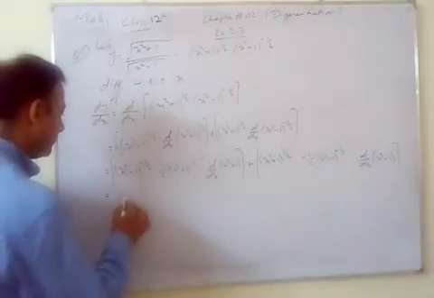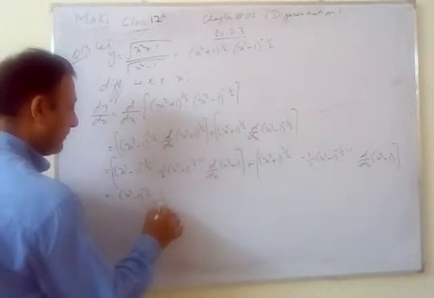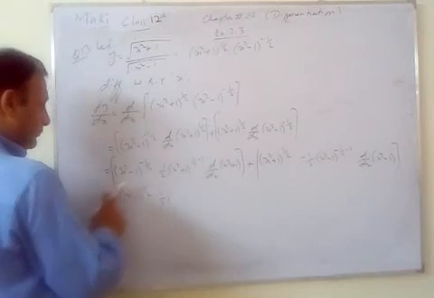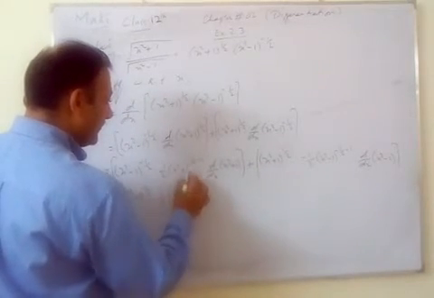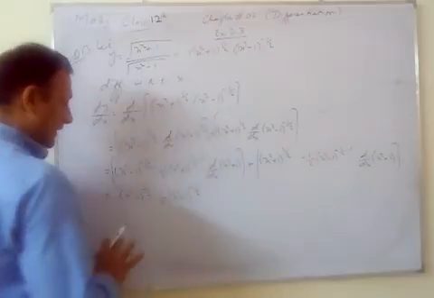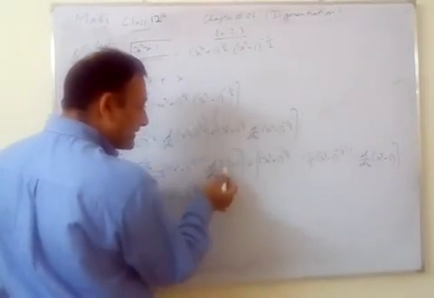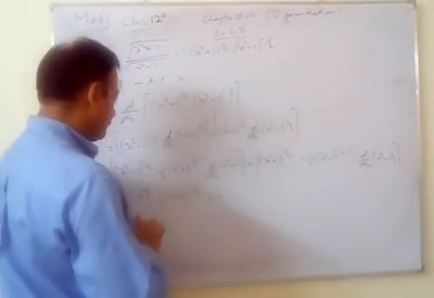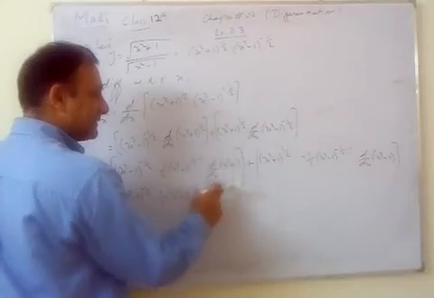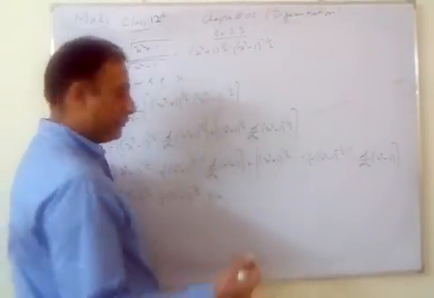Now (x square minus 1) power minus 1 by 2 as it is, 1 by 2 you may write first. So (x square plus 1) power minus 1 by 2 as it is. Now derivative of x square is always 2x, and derivative of 1 is 0, no need to write 0.